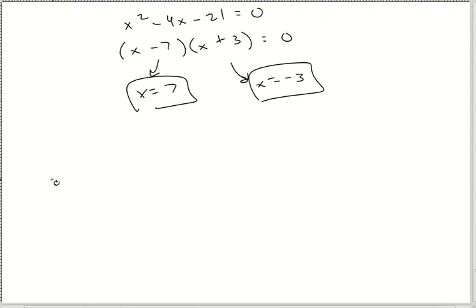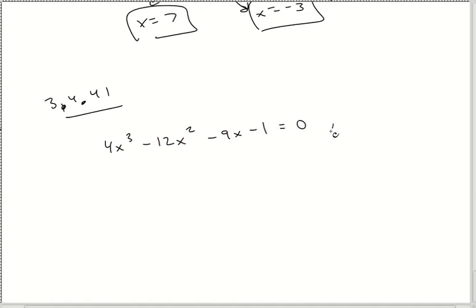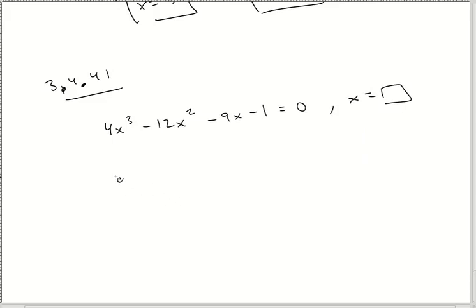Let's keep going. Another one. Number 41: 4x cubed minus 12x squared minus 9x minus 1 is equal to 0. Solve for x. Okay. What's my possible rational zeros? The factors of the 1 are 1.